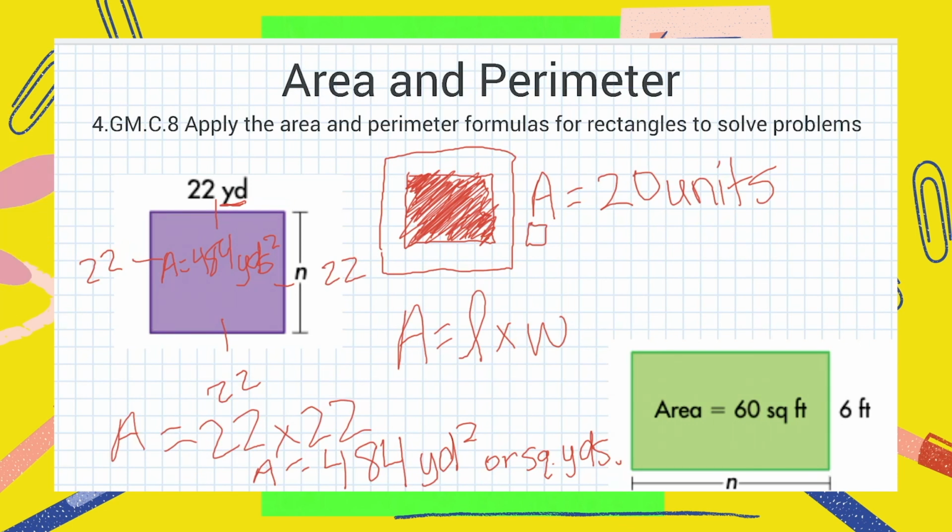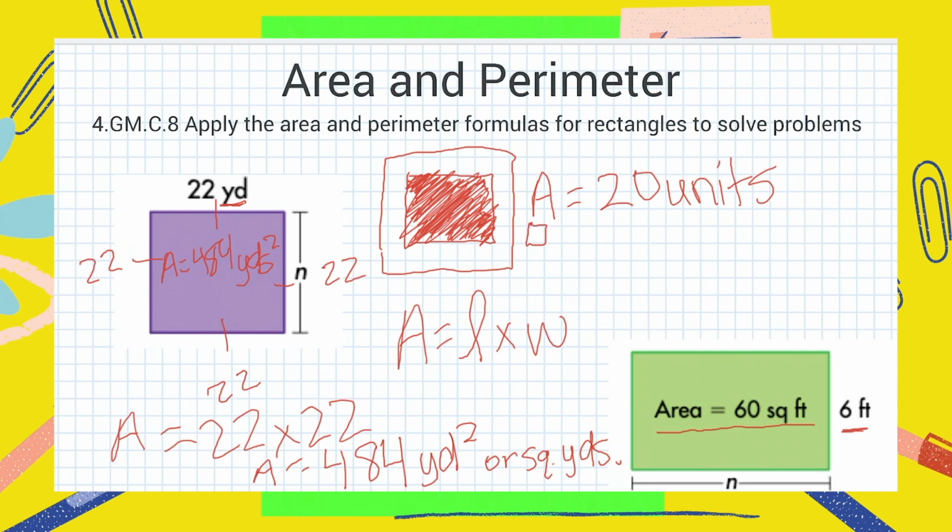Now let's take a look at this next shape. This one may be slightly easy for you to multiply. It gives us the area. It says the area is 60 square feet. And we're also given one of the dimensions. We are given the width.